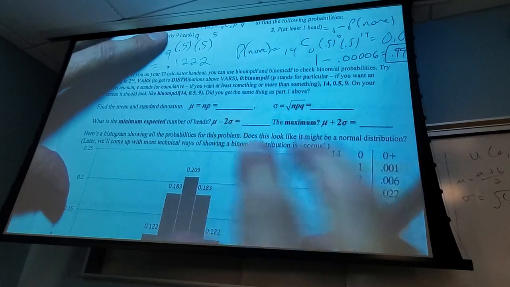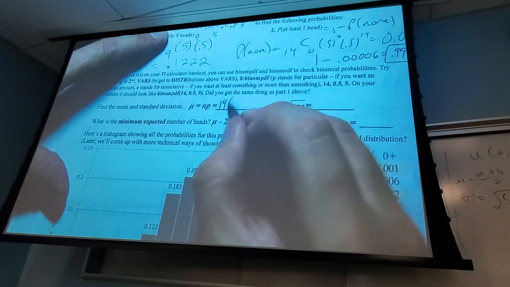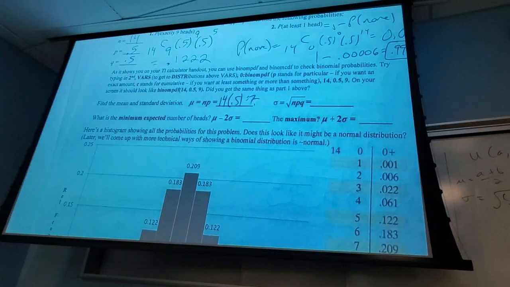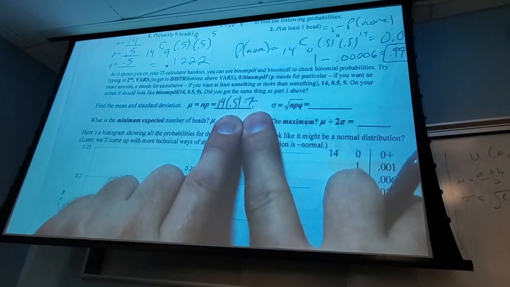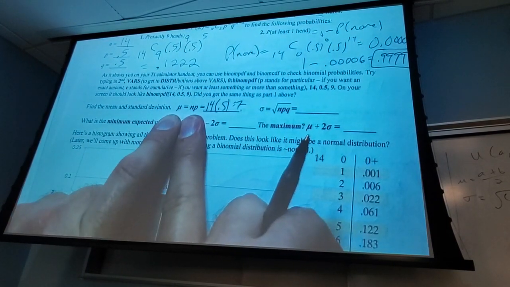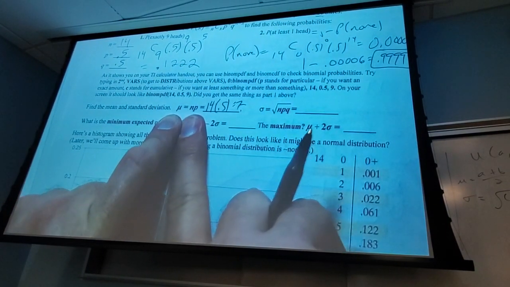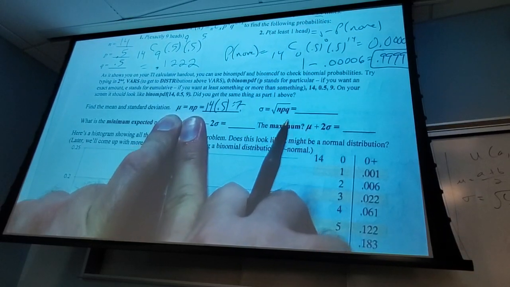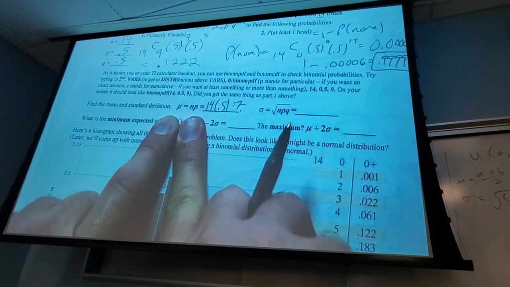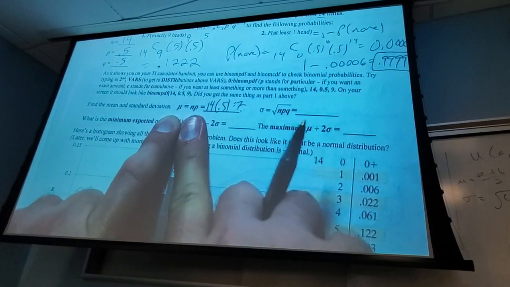7. Yeah, so this one, and you guys would be able to tell me this anyway. If I said you flip a coin 14 times, how many heads do you expect? You guys would say 7, right? So that matches up, because the other name for mean is average, and another name for average is expected value.